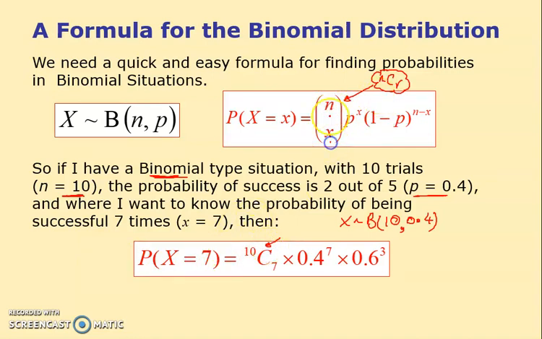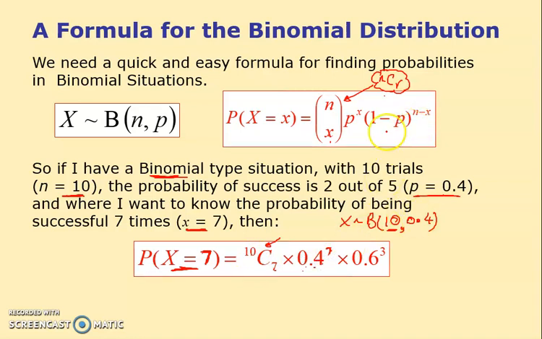This means nCr, as I said. I'm doing it 10 times, and I want to find out the probability of getting exactly 7 of these exactly right. So I press the 10C7 button, and then I have to do the probability 0.4 to the power of 7. Notice the 7 that's appearing. The probability of getting 7 successes is 10C7 times 0.4 to the 7.